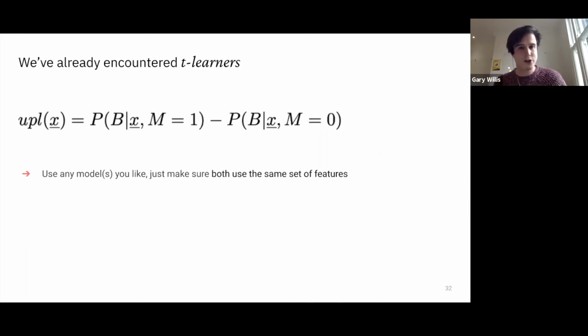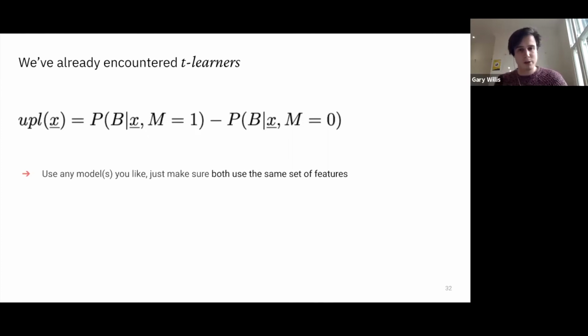You need some extensions when there's not just offer versus no offer, but offer A versus offer B. But the idea is that you find all the people who got the offer, all the people who got the treatment, and you find all the people who didn't get the treatment, sometimes known as the control, and you just split them up and you train two different models. And this is what I did a few slides back when I was trying to show you compounding errors and whatnot. I did show you that it already doesn't work that well, but bear with me.